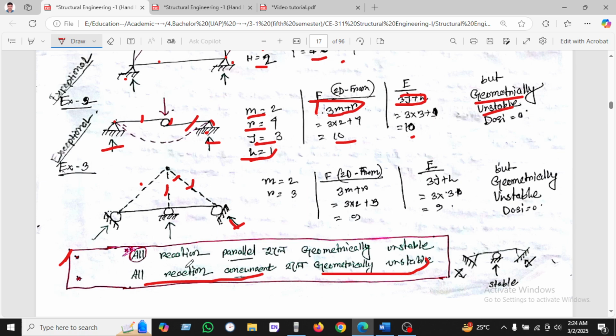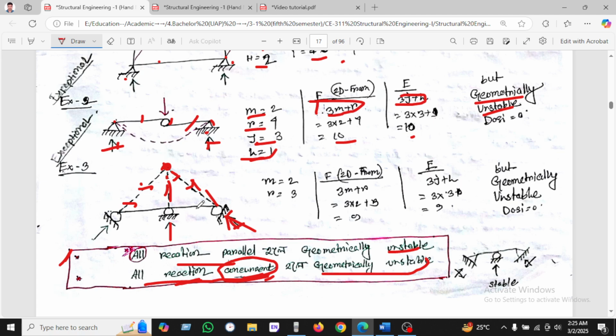If the reactions are parallel, then it will be unstable. And another is if all reactions are concurrent. That means you can see this reaction going down here, and this also going down here, and this also goes down here, and they meet here. So we can say this is concurrent. That's why it will be geometrically unstable.